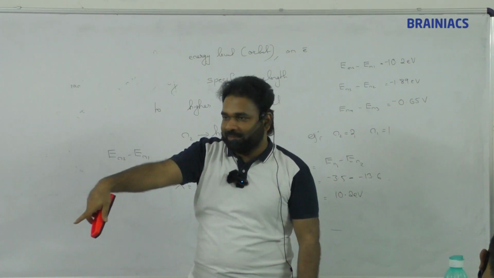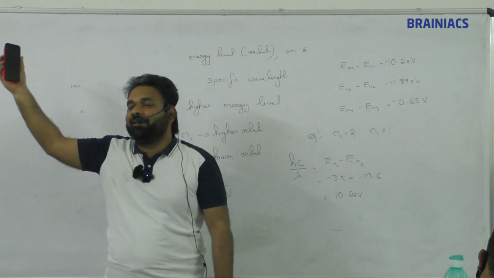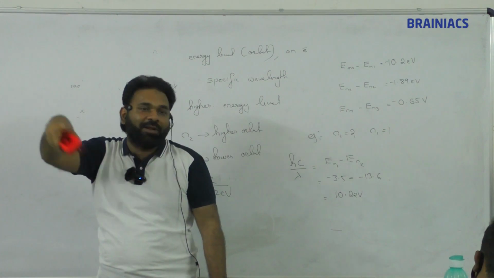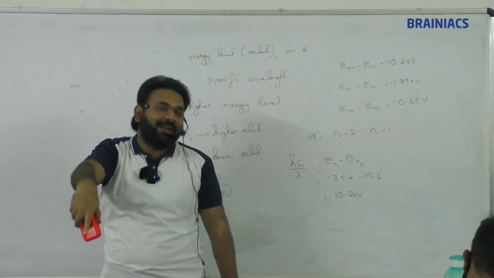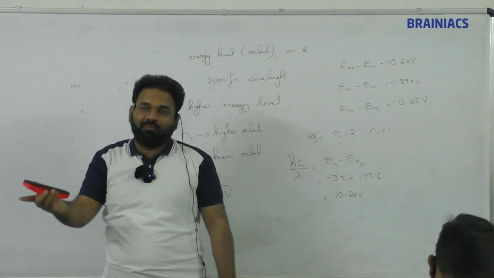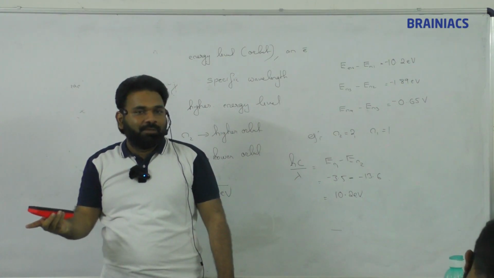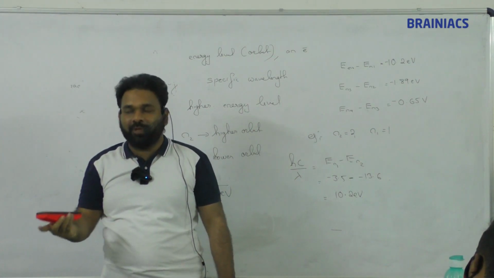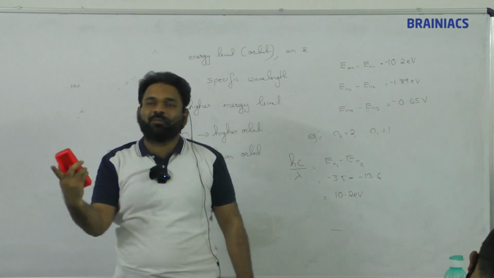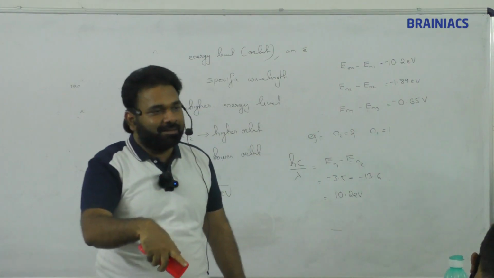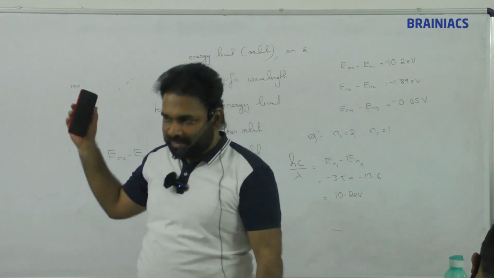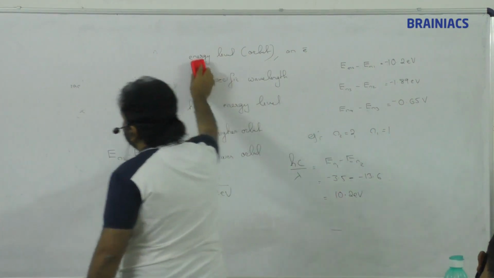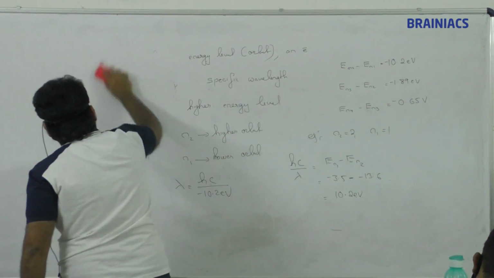They cannot ask questions with sodium, chlorine and all for this one. It is not valid actually. Even if they set such a question, it is not conceptually correct. So Li++, hydrogen, He+. This is suitable only for one-electron species. Okay, note it down.